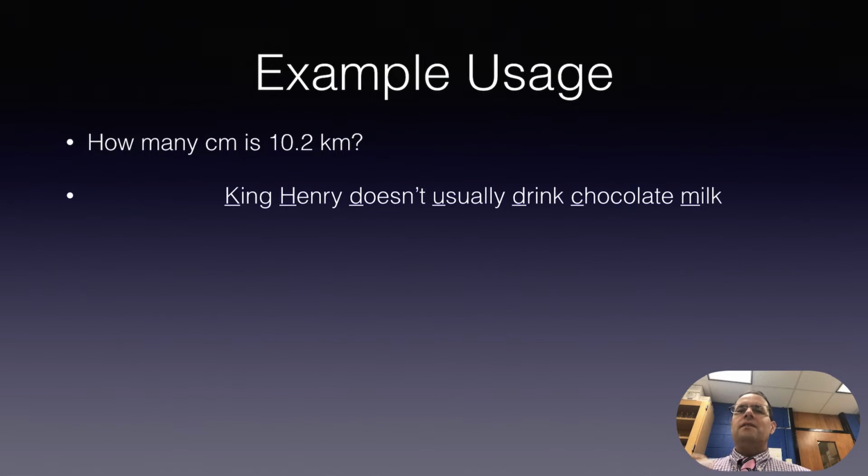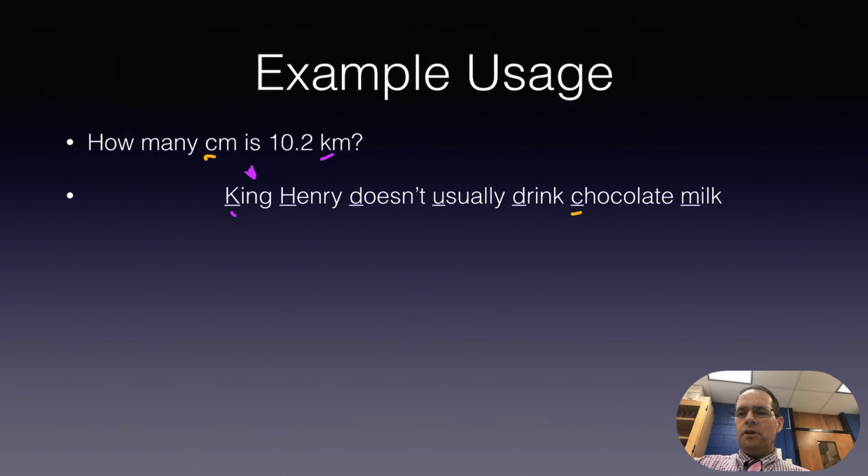So what you want to pretend like you're doing is singing karaoke, okay? You have like a little bouncing ball, and you're watching a video, and the ball is moving from word to word, and you have the microphone, and you're singing along, okay? And here we are at kilometer, which is the capital K, all right? And we want to go to centi, which is way over here, all right?